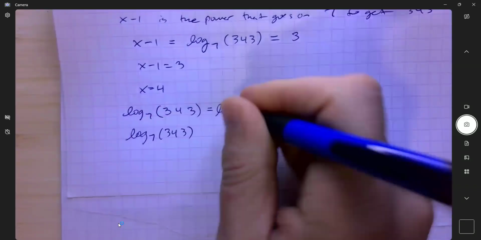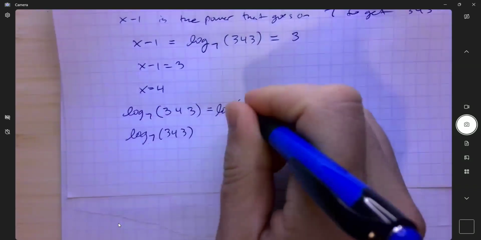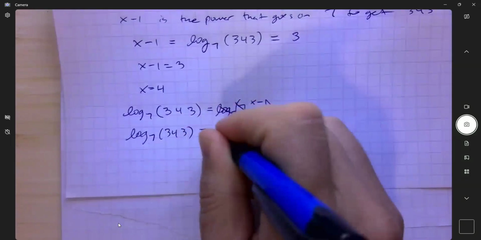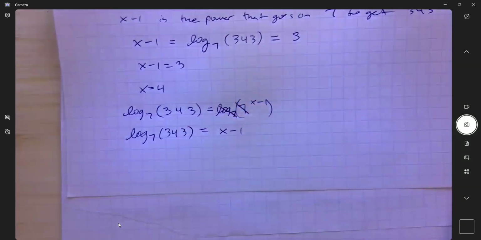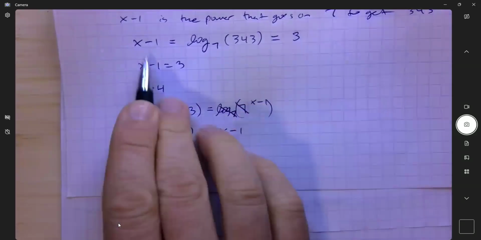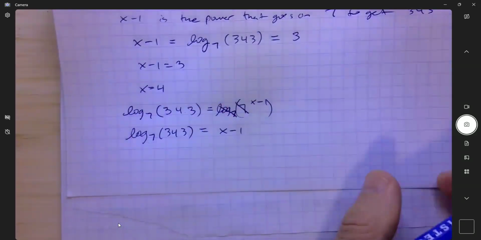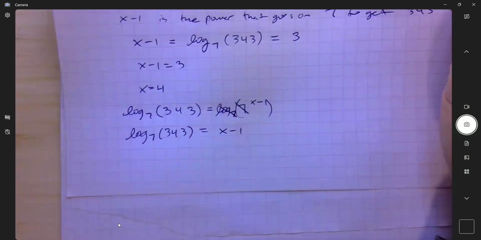And then because logarithms undo exponentials, that log and that base cancel, and it leaves me with the x minus 1. And now I have the exact same equation I did before. So I'll do another example using that approach.